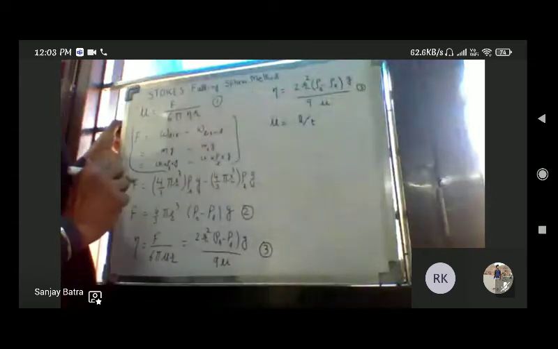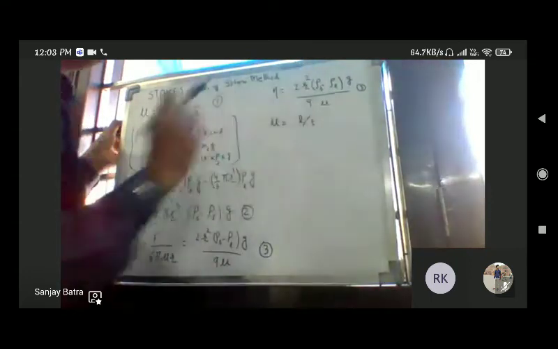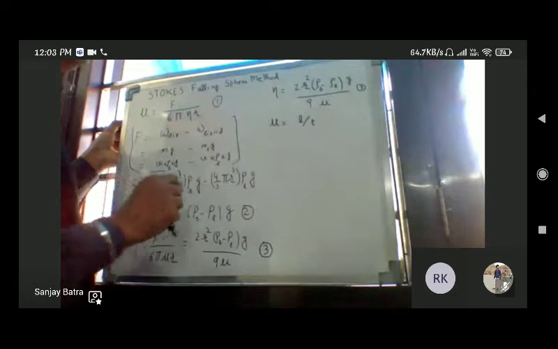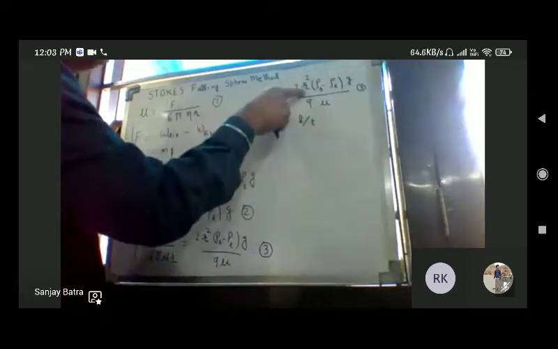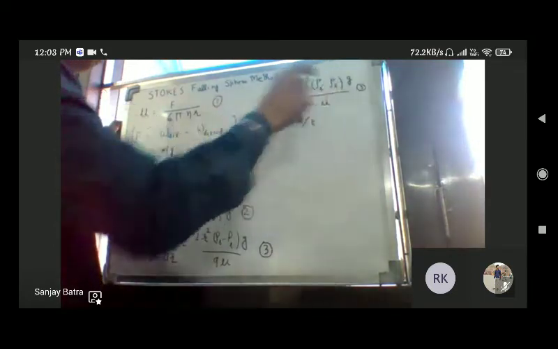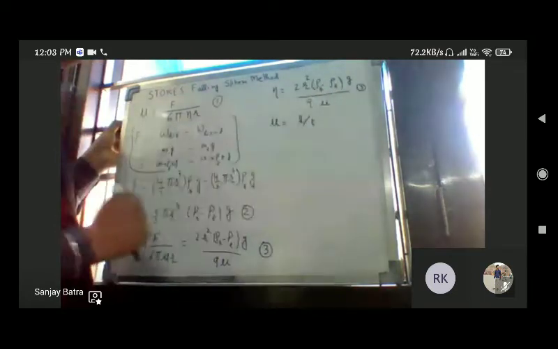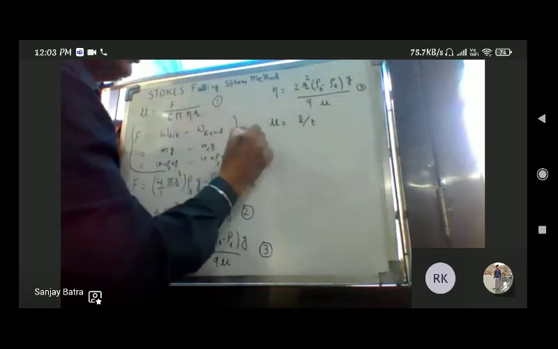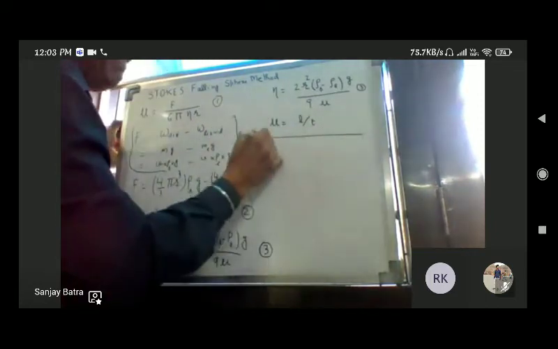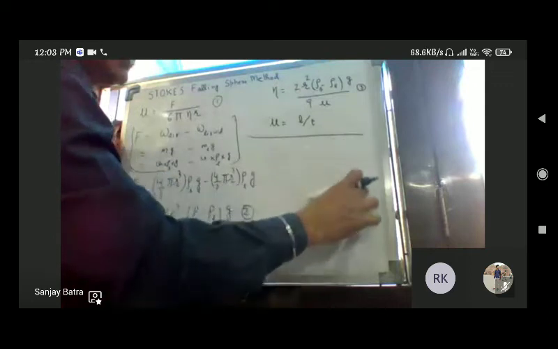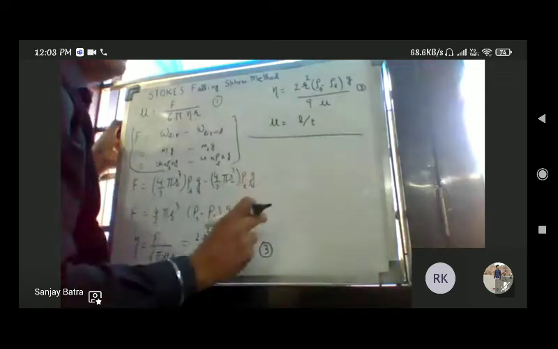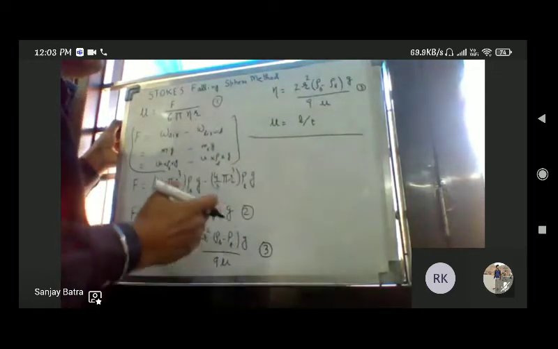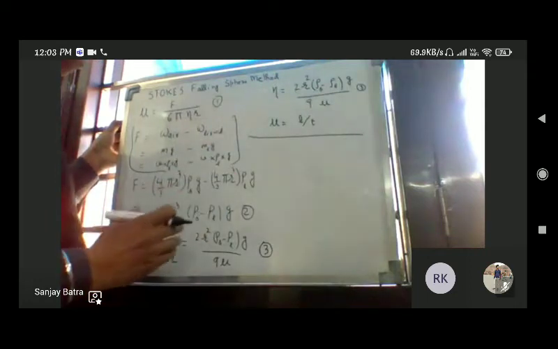This is one of the methods. But this is not a good method, because we need to know the radius of the sphere, which is difficult to determine, and also the value of g, which may vary at some point of time. So as a result, we are now using 2 liquids, a method where first we will note down time of flow for one liquid, then we have a reference liquid like we have done in Ostwald viscometer, we had water.